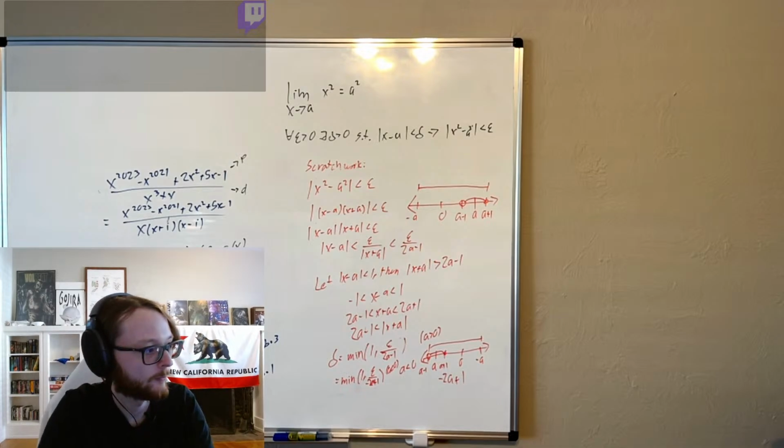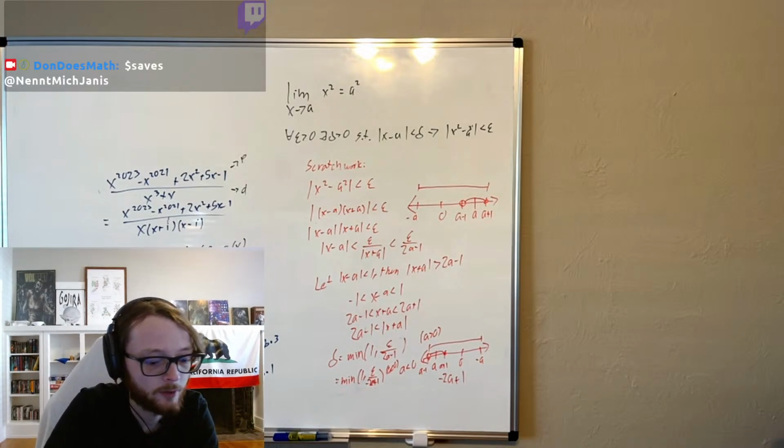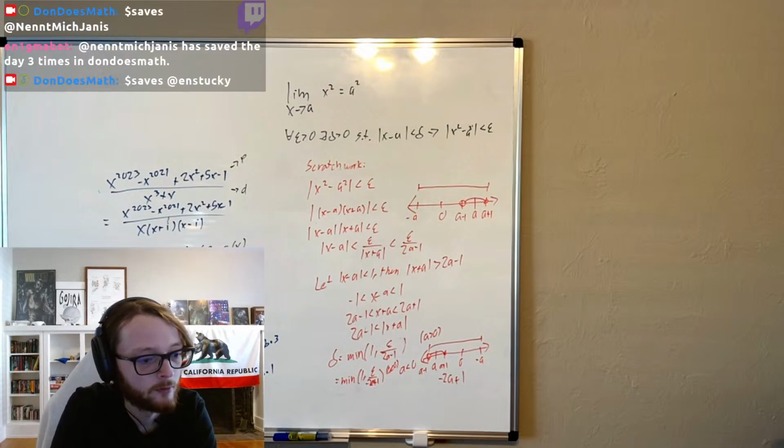I guess I should hand out some saves here. Let me do that. So Yanis helped. Stooky helped. And underscore helped. Hey, Lofty.